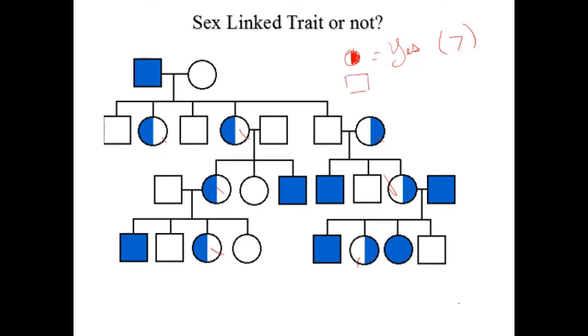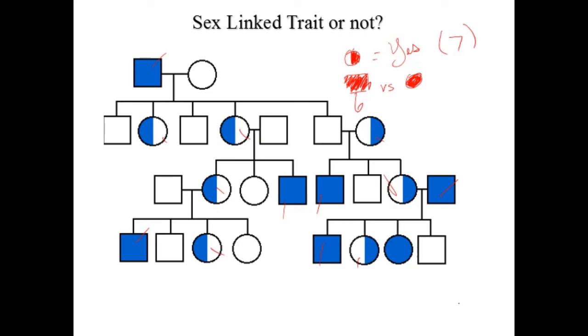Let's look at the ratio of boys affected versus girls affected. Again, fully affected, not the carriers. The carriers don't count. They're not fully affected. How many boys are fully affected? 1, 2, 3, 4, 5, 6. You have 6.